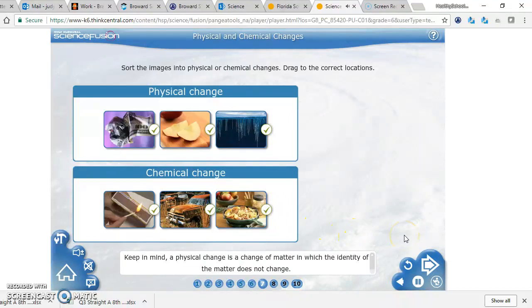Keep in mind that a physical change of matter is a change in which the identity of the matter does not change. A chemical change is a change of matter in which one or more substances becomes a new substance.